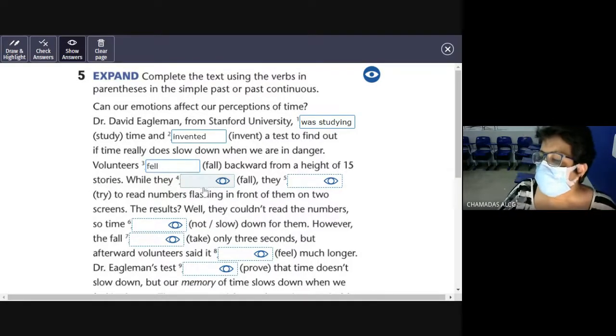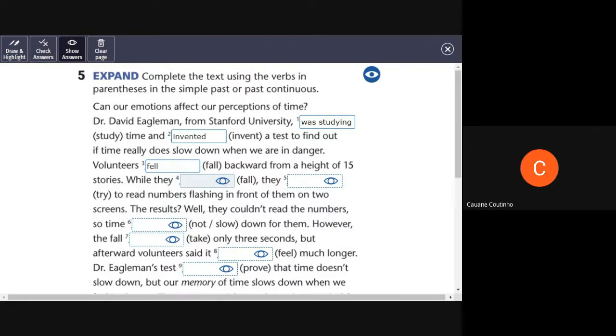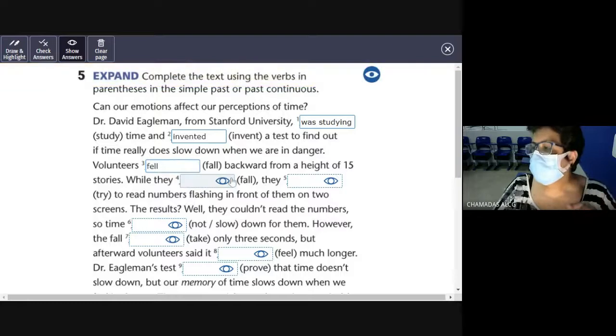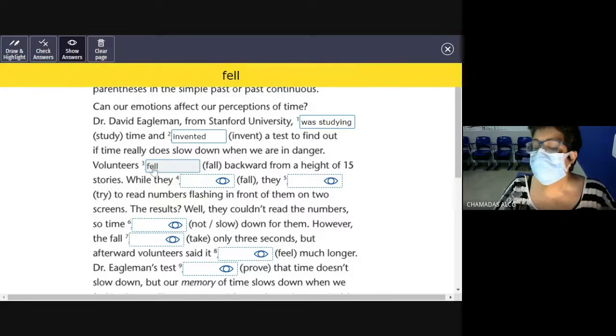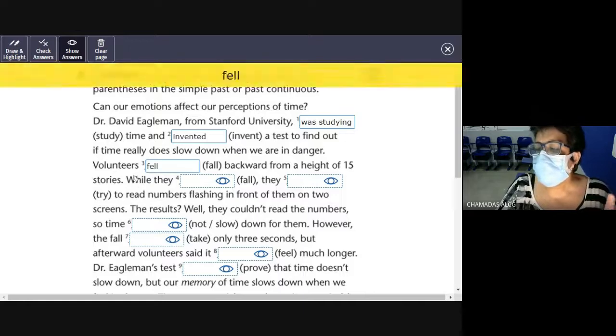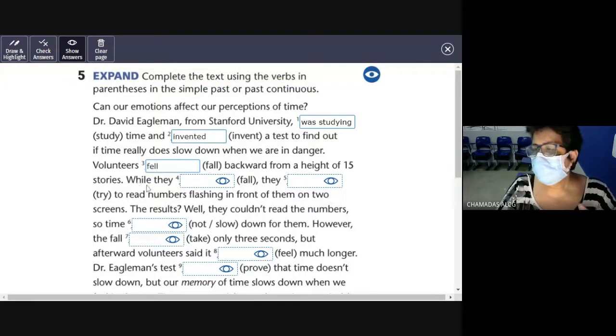While they fell. Listen, the simple past of the verb fall is fell. Okay? So here, while means enquanto. Okay?